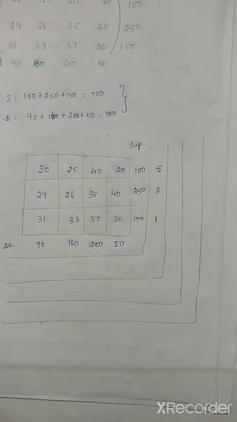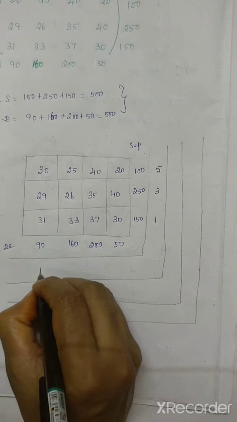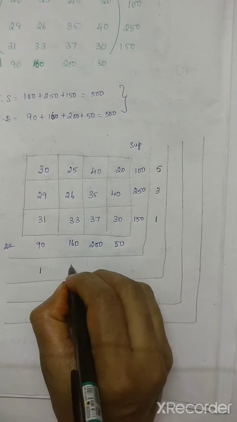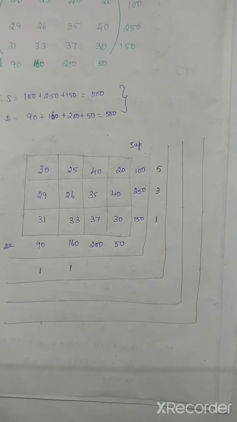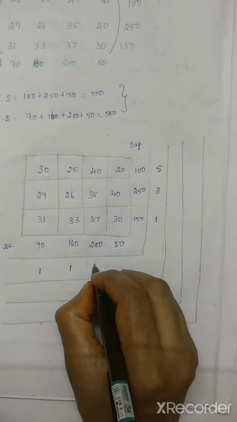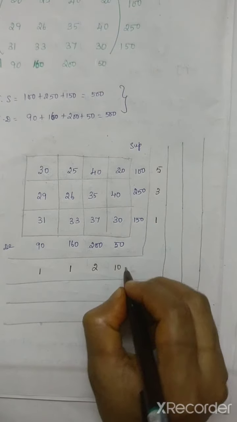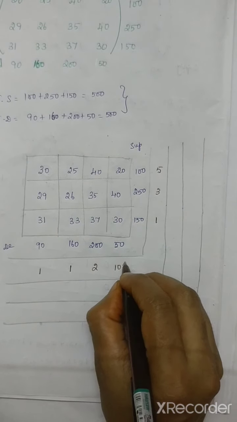For the column wise, first column 29 and 30, so the difference is 1. For the next column 25 and 26, the difference is 1. The next column 35 and 37, so the difference is 2. For the next column 20 and 30, so the difference is 10. So here the maximum penalty is 10.